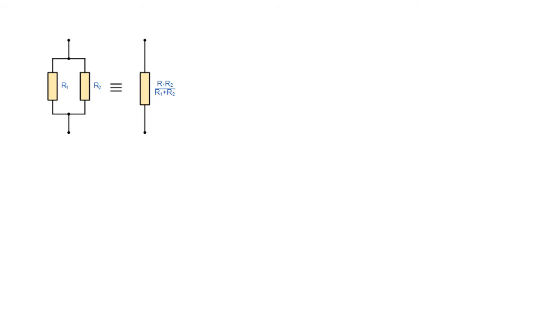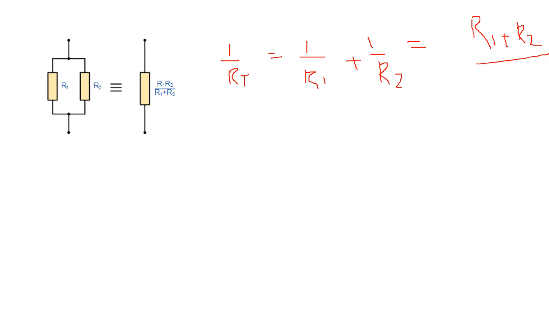So here the resistances R1 and R2 are connected in parallel. So from our above equation, 1 upon RT is equal to 1 over R1 plus 1 upon R2. So that will be equal to R1 plus R2 over the product of the resistors, R1 into R2.